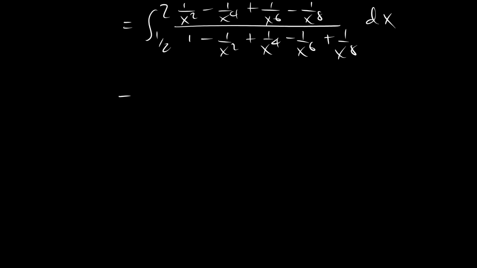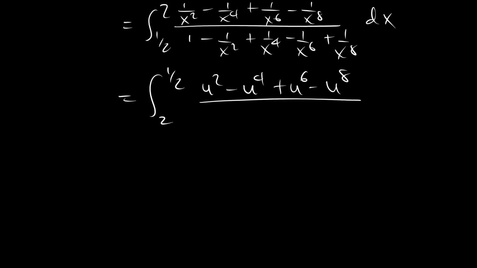This now becomes the integral from 2 to a half of u squared minus u to the 4th plus u to the 6th minus u to the 8th over 1 minus u squared plus u to the 4th minus u to the 6th plus u to the 8th.